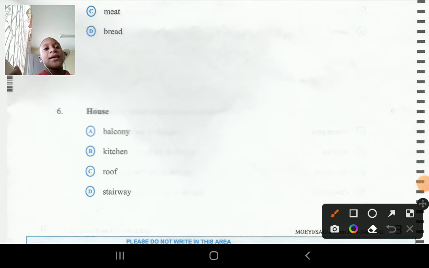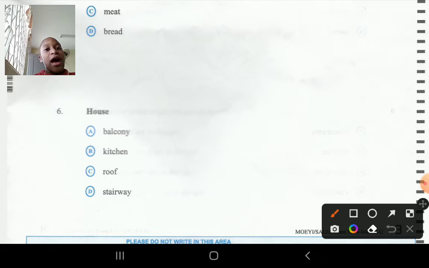Ready? Okay. A house. What is the necessary component of a house? Some houses don't have kitchens. Believe it or not, some people eat outside and don't even have a kitchen. Some houses don't have stairways or a balcony.